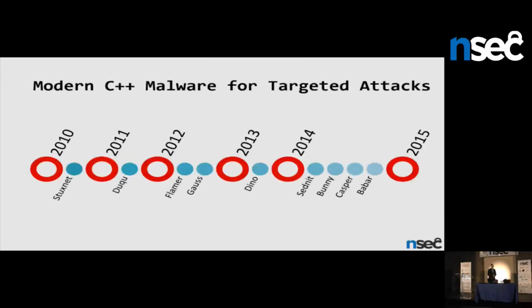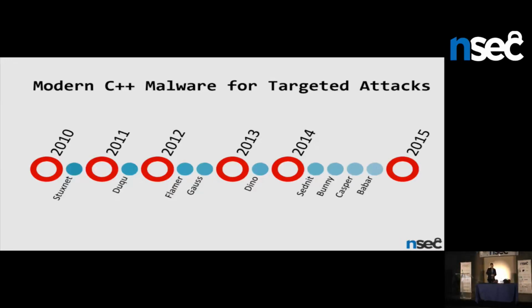Just to introduce the context, I want to bring your attention to this slide. It shows modern C++ malware used for targeted attacks. The list is not exhaustive or complete. The goal is just to highlight the importance of dealing with C++ code, because all this malware is developed using complex frameworks, and it is challenging for malware analysts to reverse it and understand its functionality.